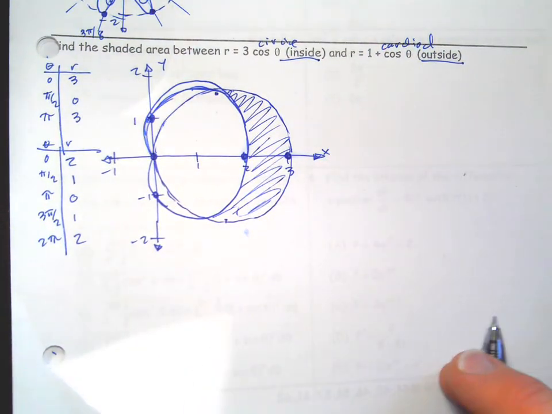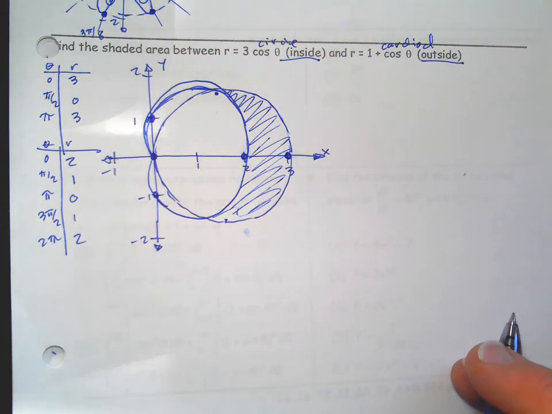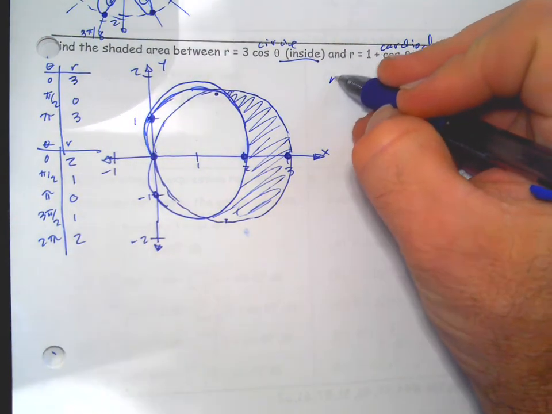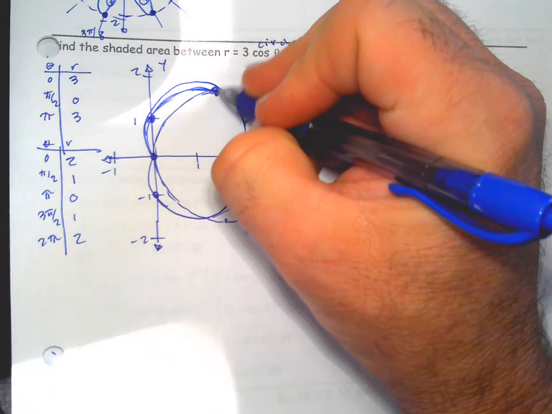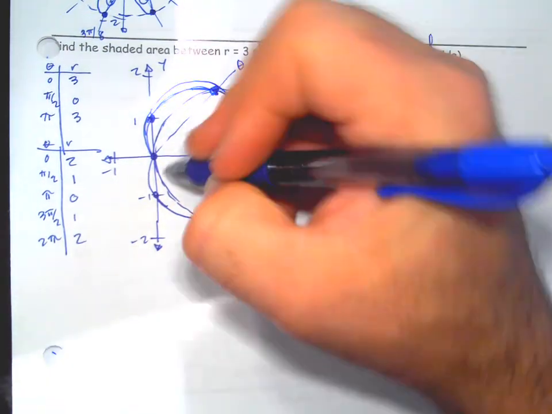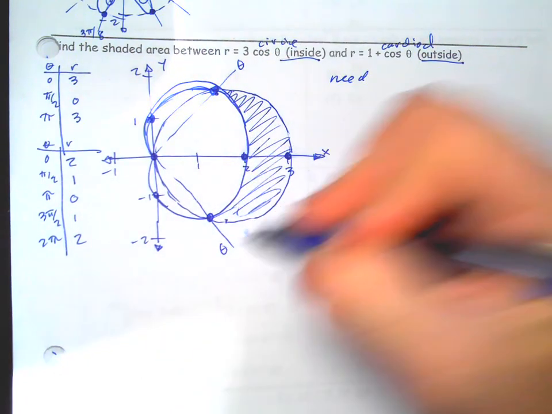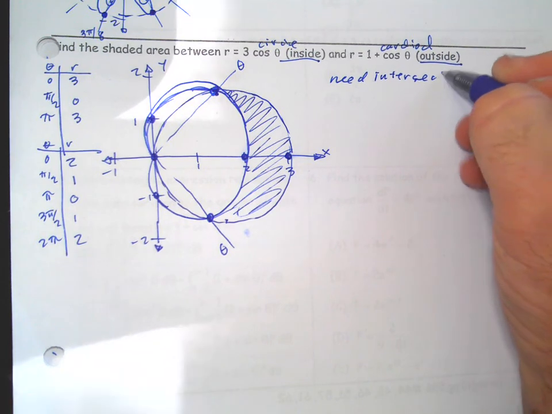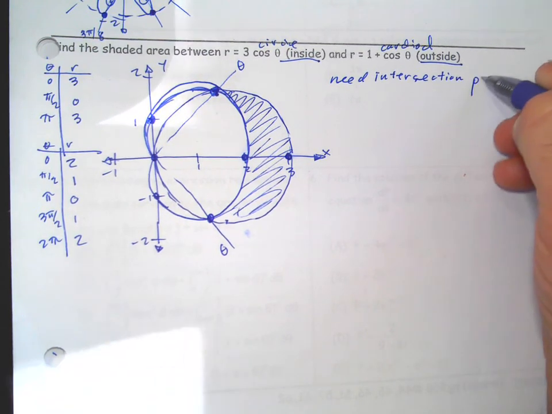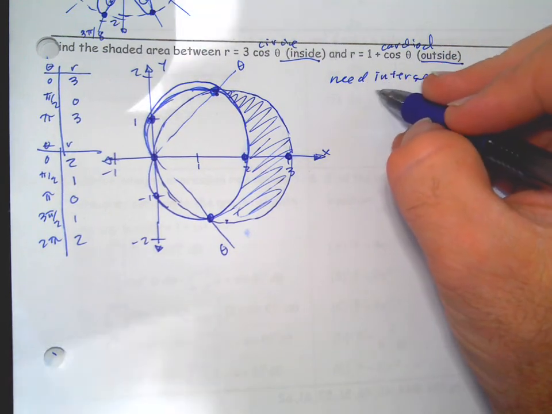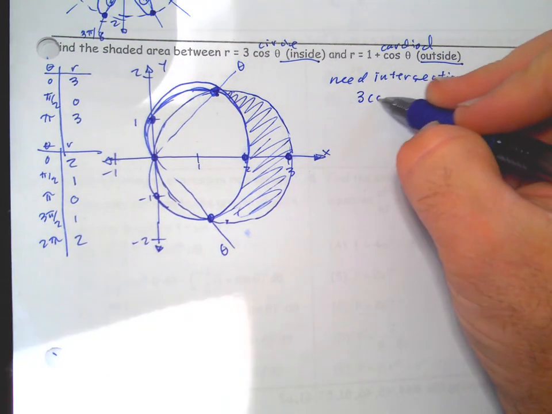Now, when we find the area between multiple curves, we definitely need the intersection points. So these intersection points, the angles that create those, are going to be very important to us. That's where we're going to start and end our integration. The way we find the intersection points is that's the place where both curves have the same radius.